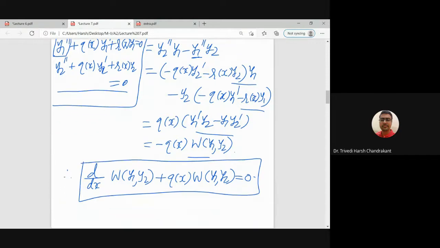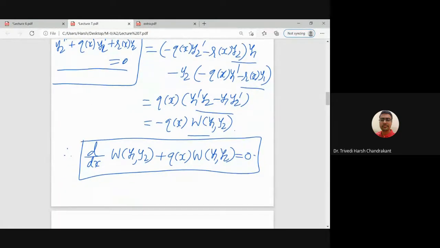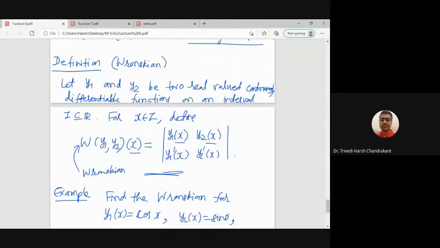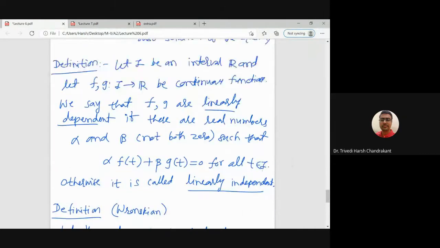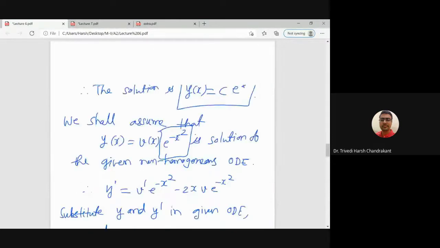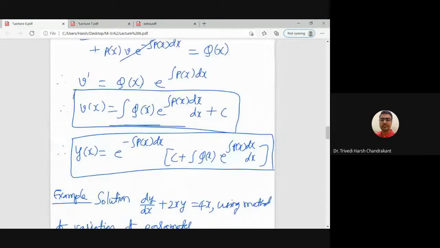So that means the Wronskian is the solution of this first order homogeneous linear differential equation. And then from the variation of parameter method, we know the solution of this equation, that we can rewrite using this formula.